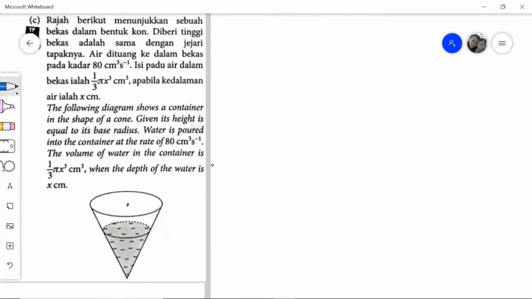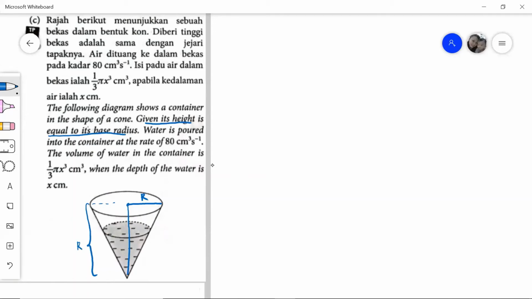So we have the base radius, let's call it big R. And then the height, according to the question, is equal in length to the radius, so this is also big R. So let's just mark this as R. It doesn't look like they are equal in length, but that doesn't matter. The information is given in such a way, so we just take it. The diagram is just an illustration.